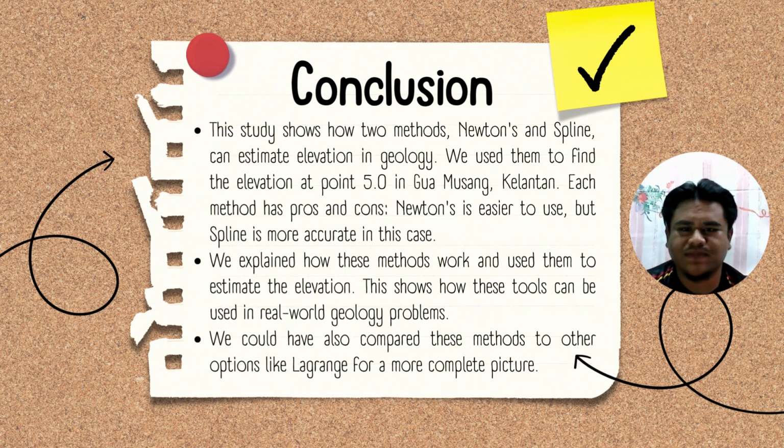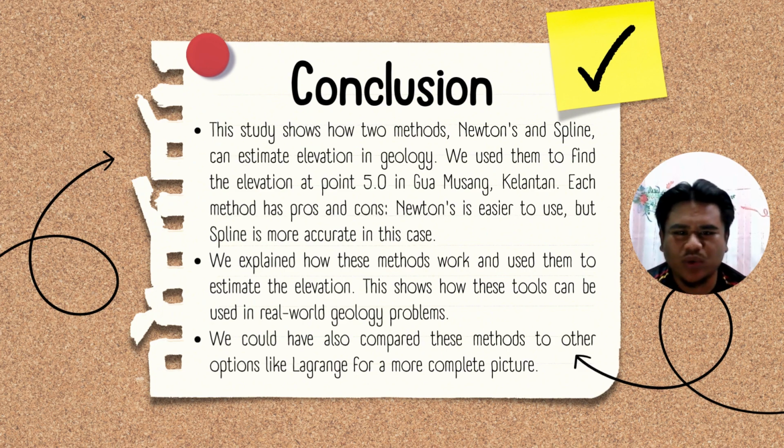Okay, the last part is the conclusion. The study shows how two methods, Newton and spline, can estimate elevation in geology. We use them to find the elevation at point 5.0 in Gua Musang, Kelantan. Each method has pros and cons, such as Newton is easier to use, but spline is more accurate in this case.